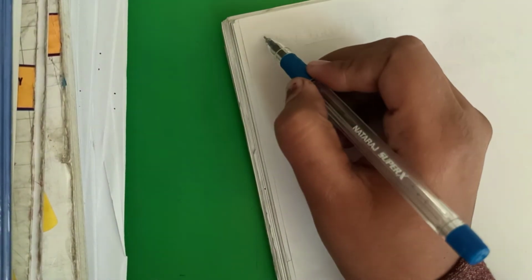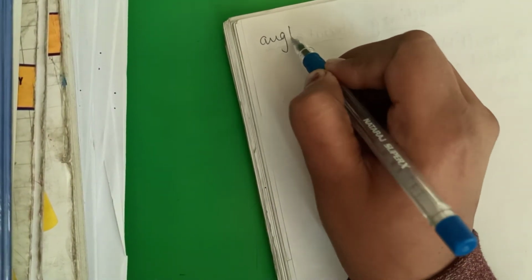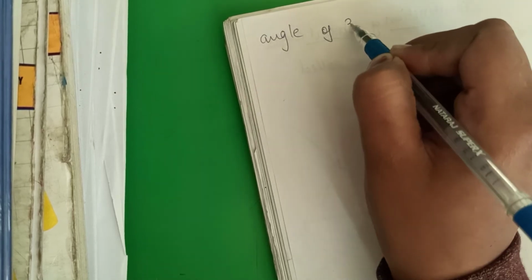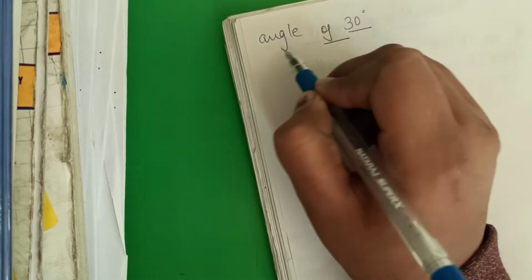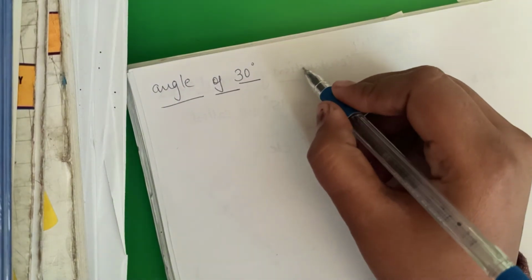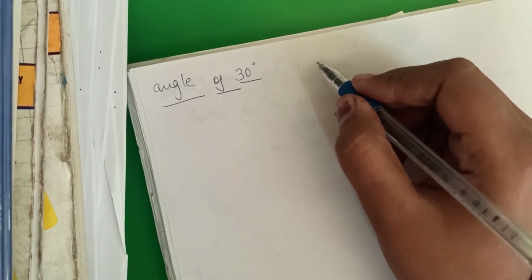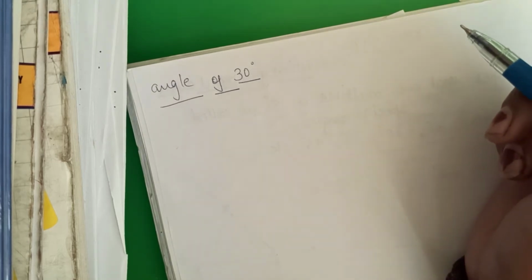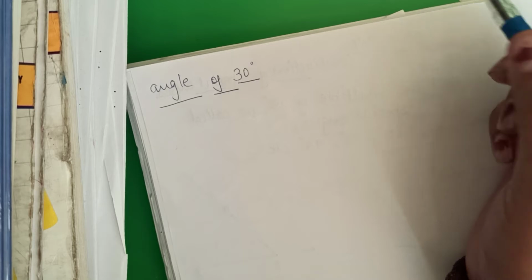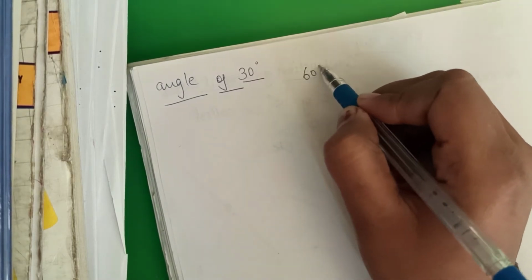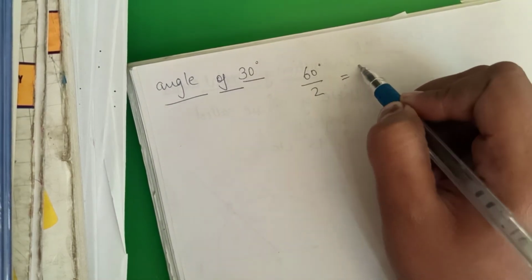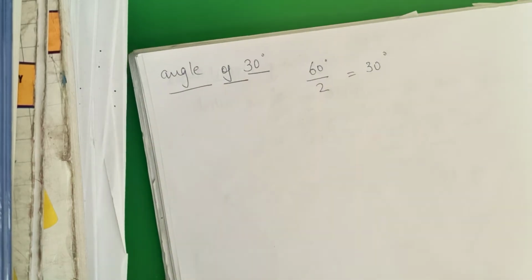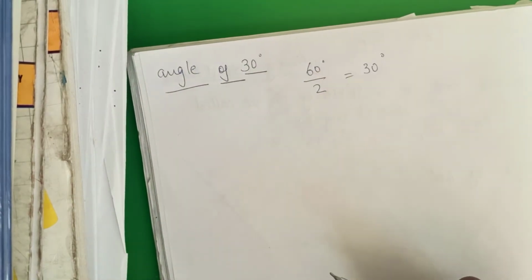So for construction of 30 degree, for this what you will do beta, firstly we will make one angle of 60 degree, right? Half of 60 equals to 30 degree.